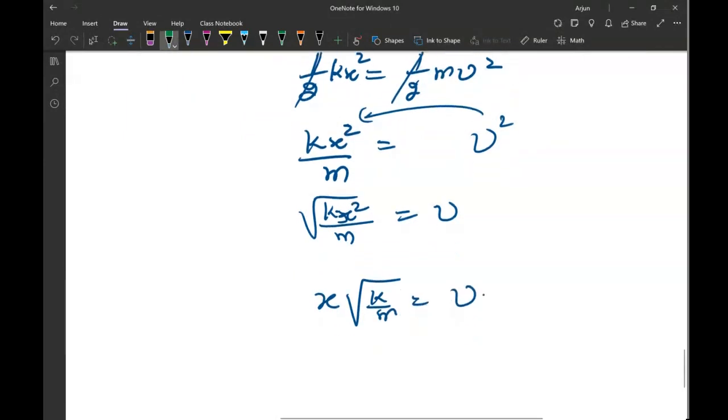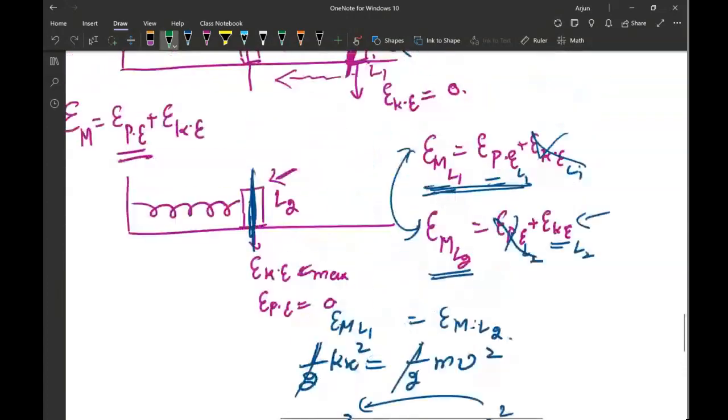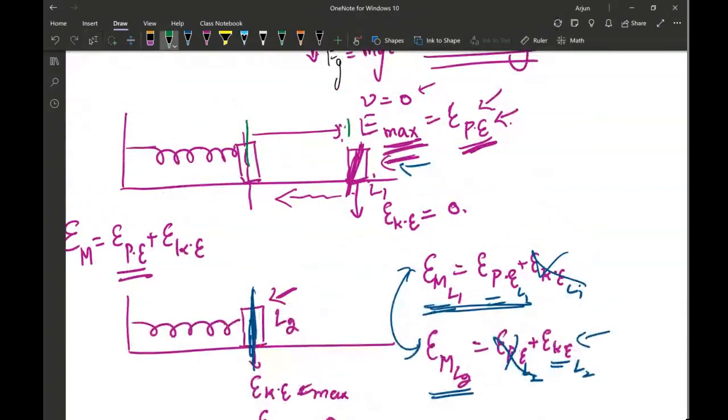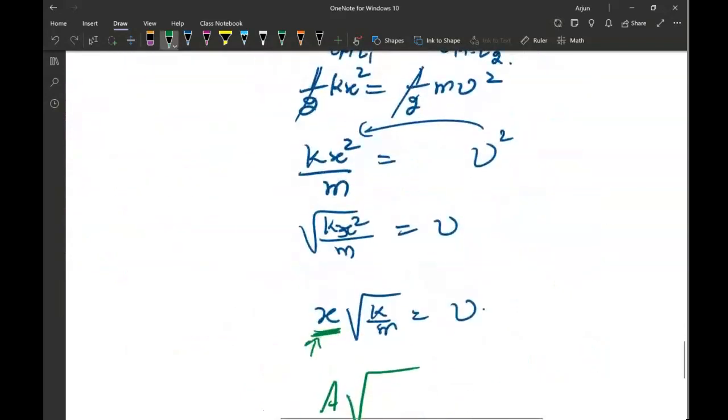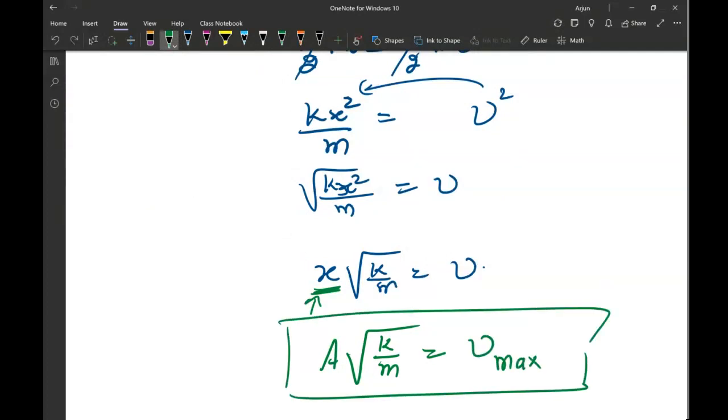If you see some books, rather than writing x, they write it as A. A is just a symbol for the maximum displacement it can have, delta x max, so we change that into A. So A times the square root of k over m equals v, and that will give me the max velocity also. This is a more generalized formula.